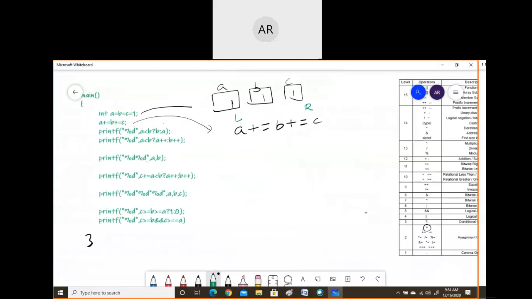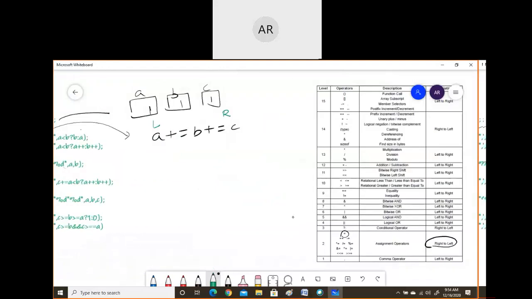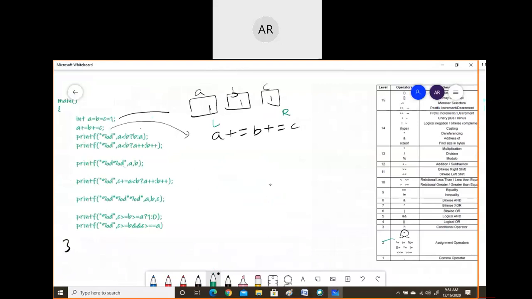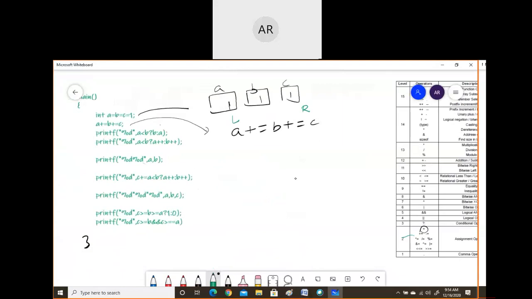This is the left and this is the right, and we know that plus equal to has a right to left associativity, right? So this will be executed first, then b is equal to b plus c.